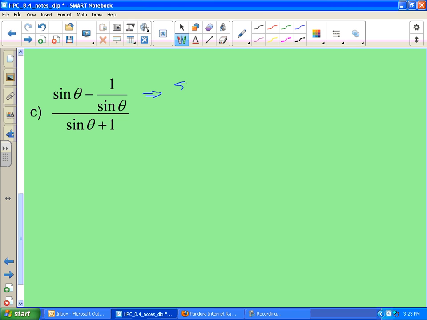So I start out with a sine theta, and I want to manipulate it so that I end up with a denominator that's the same as the 1 over sine theta, which means down in the denominator, I want this to become a sine theta, which means on the top I have to multiply by sine theta. Again, by doing that, you're multiplying by 1. You're not changing the problem, just changing the way that it looks. And all of that would still be over sine theta plus 1.